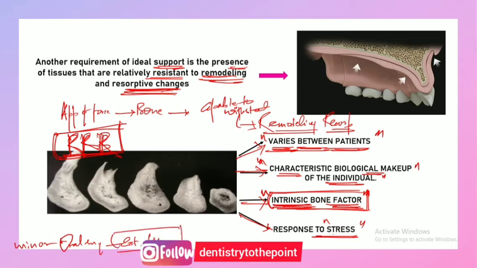In these cases you can see excessive resorption in the first 6 months after extraction. So how the bone responds to the stressful condition shows the potential of the intrinsic bone factor to resist remodeling as well as resorption.